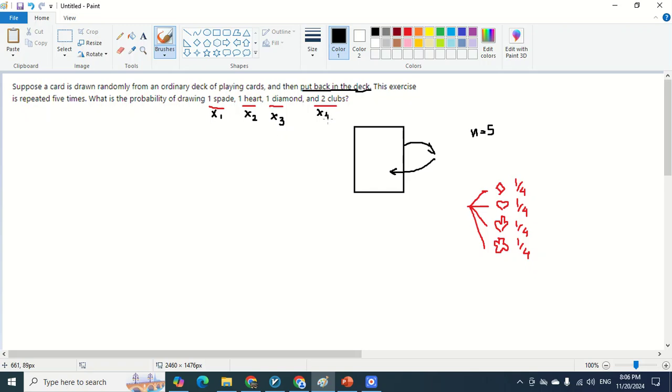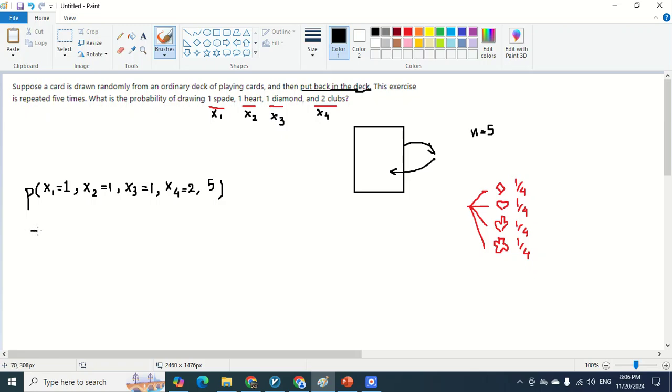Then I'm looking for the probability of x1 equal to 1, because I want 1 spade, and x2 equal to 1 because we want 1 heart, and x3 equal to 1 as well, a diamond, and also x4, the last type of card that we wanted, equal to 2. The number of trials n is 5, which is the addition of 1, 1, 1 and 2 together.